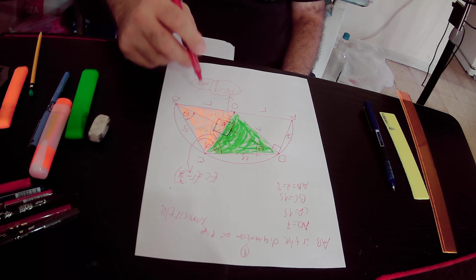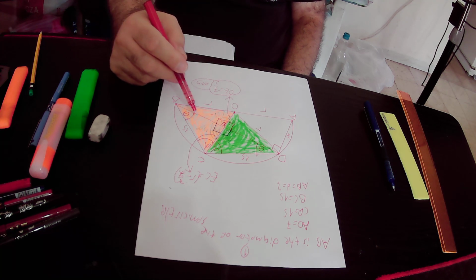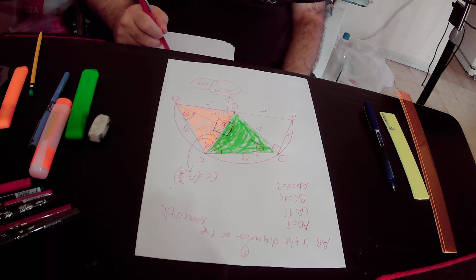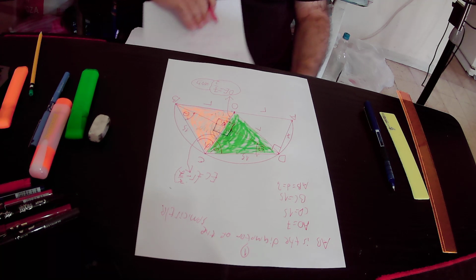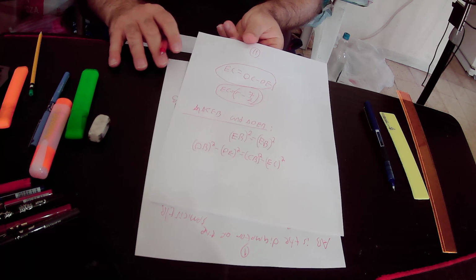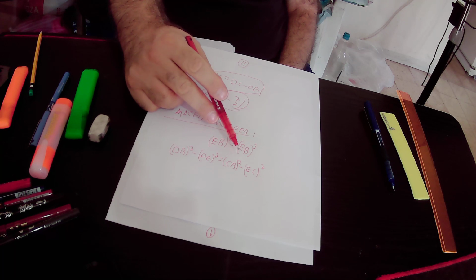And the second time we relate to this right triangle, so here EB square will be equal to CB square minus EC square. So in total we got that EB square equals OB square minus OE square, that equals CB square minus EC square.